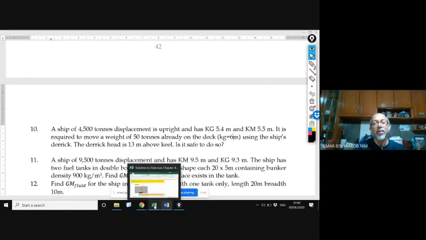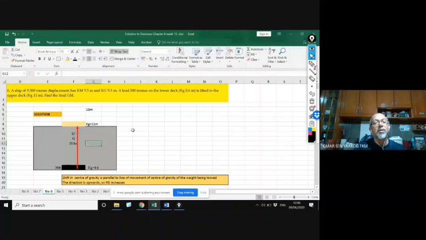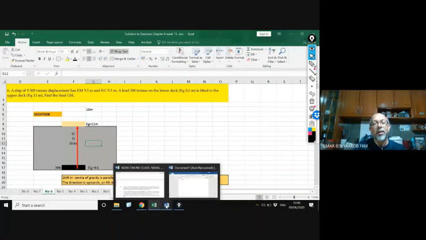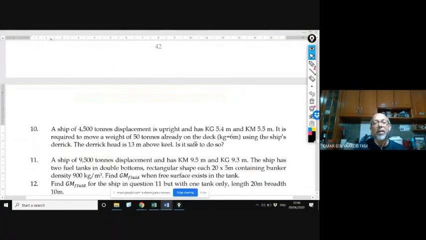So it is very similar to this one, except that we just need to understand that for a derrick or for a crane, when it is lifting, then the weight is as if being transferred automatically to the derrick head or the crane head or the point of suspension. And that point in this case is 13 meters.